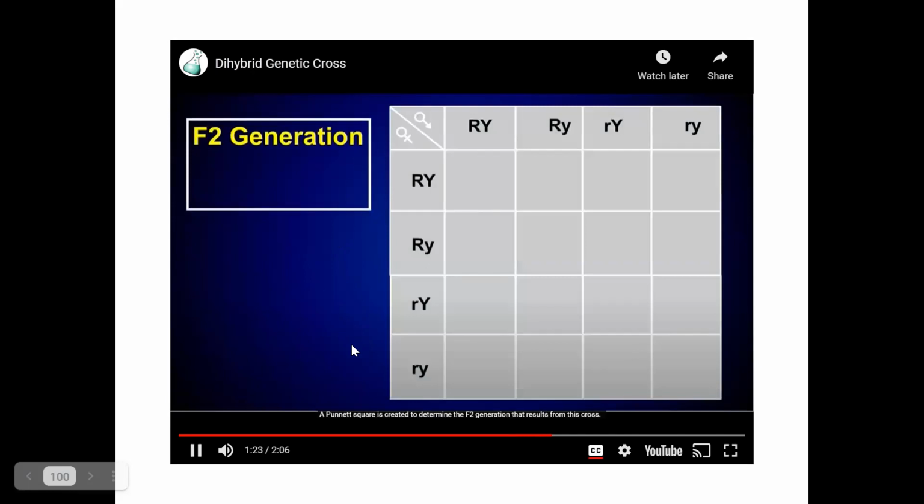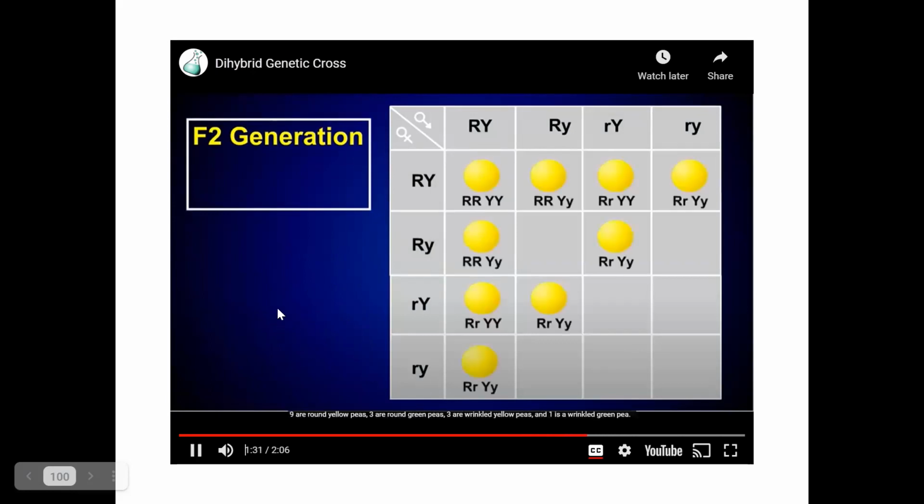A Punnett square is created to determine the F2 generation that results from this cross. So 9 are round yellow peas, 3 are round green peas, 3 are wrinkled yellow peas, and 1 is a wrinkled green pea.